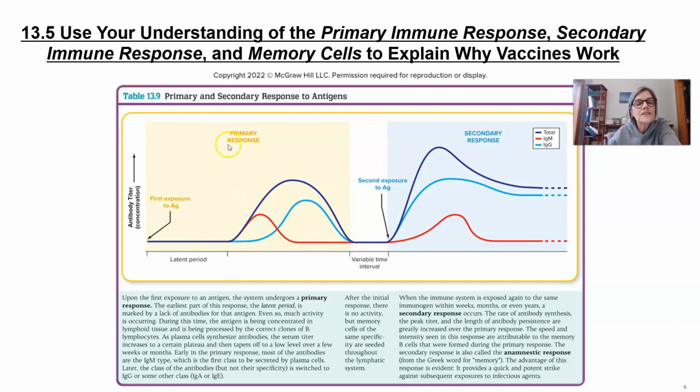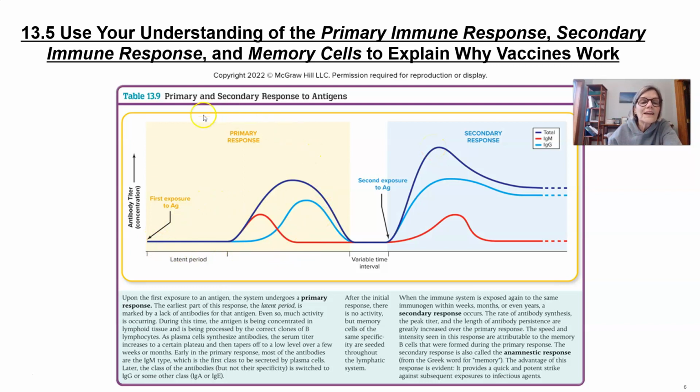We call this the primary immune response: the pattern of antibodies that you make the first time your body's exposed to a new pathogen. So we've got this little lag period. And the other thing you might notice is this concentration of antibodies is not very high compared to the secondary immune response.